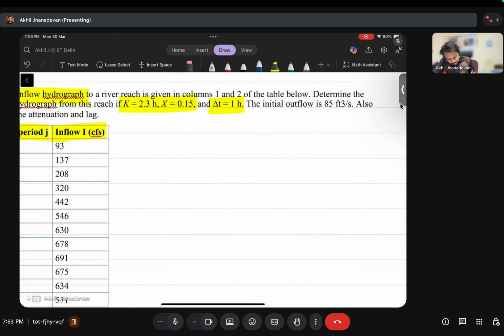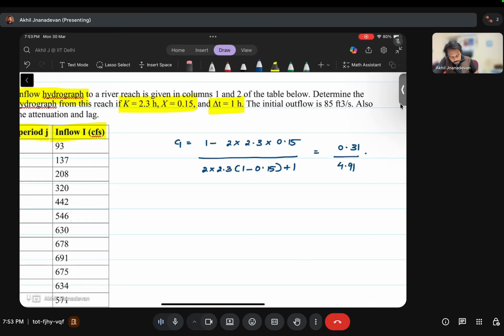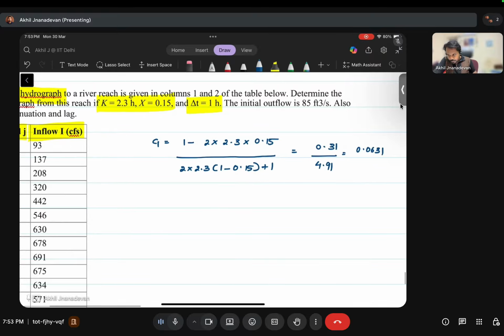So C1 will be 1 minus delta T minus 2 into K, 2.3, into X, 0.15, divided by 2 into 2.3 into 1 minus 0.15 plus 1, that will be equal to 0.31 by 4.91, that will be equal to 0.0631.